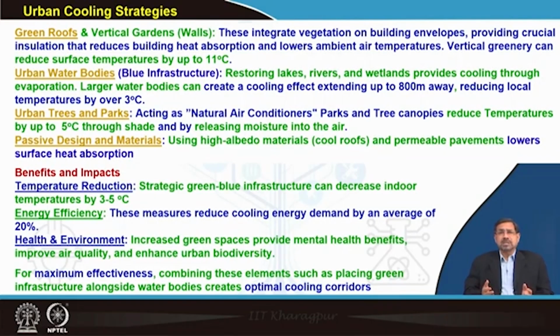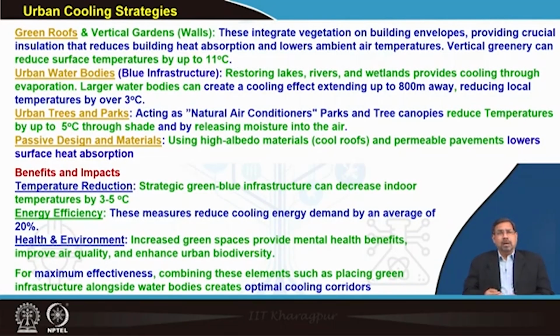If you have the presence of large water bodies, the cooling effect can go up to 800 meters away, giving a cooler microclimate and lowering the temperature by over 3 degrees centigrade.